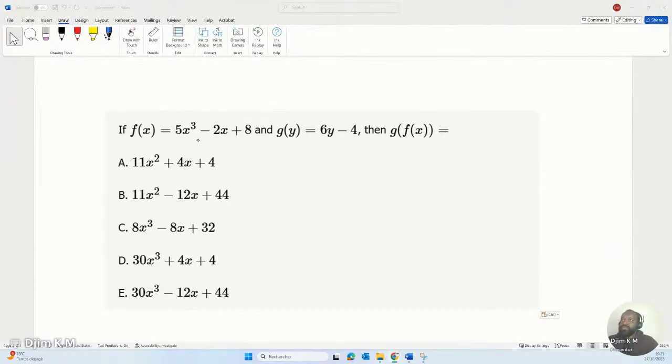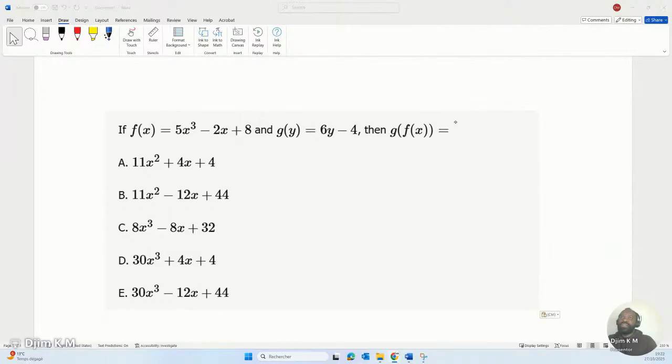All right. So we have f of x is equal to 5x to the power 3 minus 2x plus 8, and then g of y is equal to 6y minus 4.